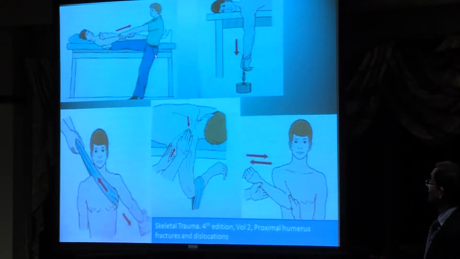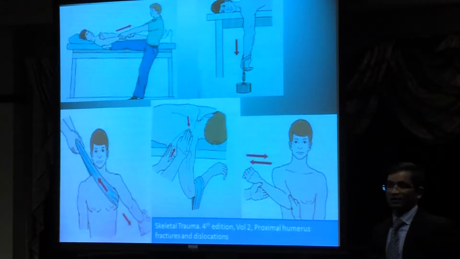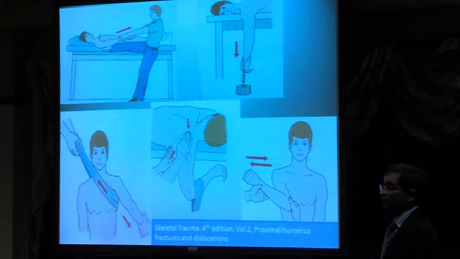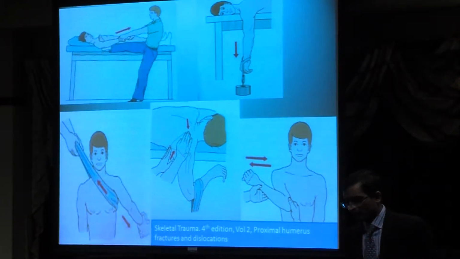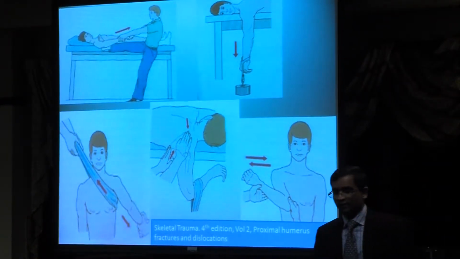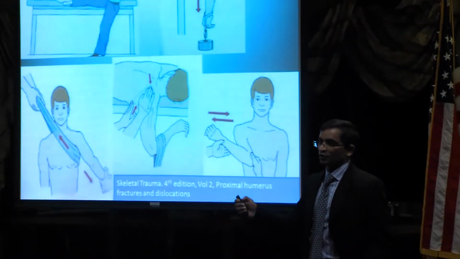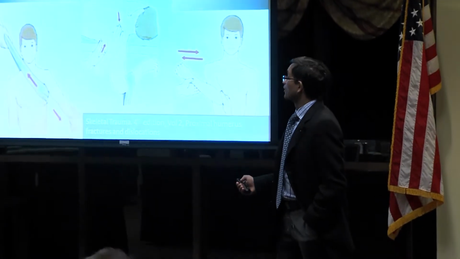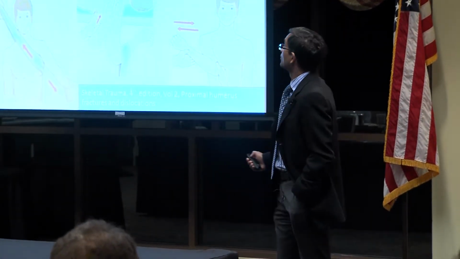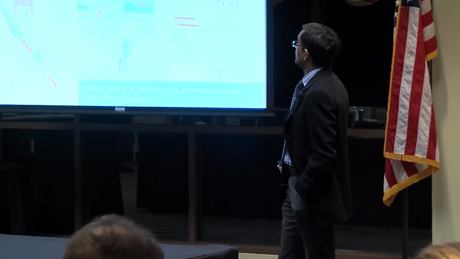Believe me, I tried this. This works great as well. And it looks crude. It's called the Hippocrates method of reducing the shoulder dislocation, especially when you're on a trekking trip with your colleagues or friends, or somewhere outdoors, and you find someone having a shoulder dislocation, this can be tried, and it works.